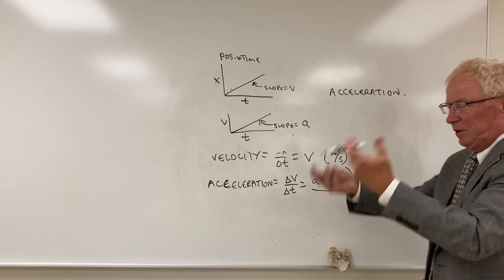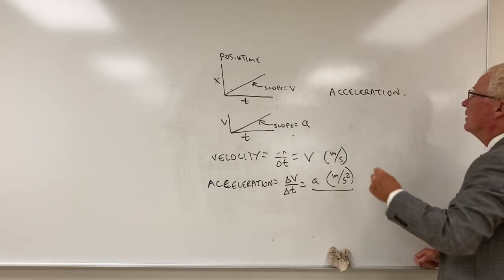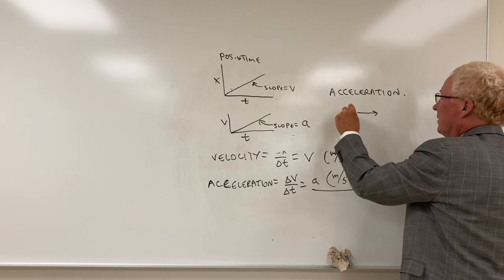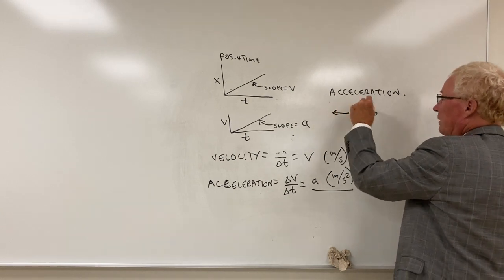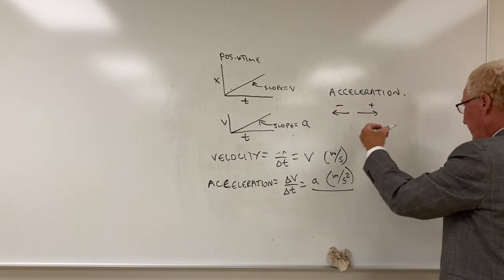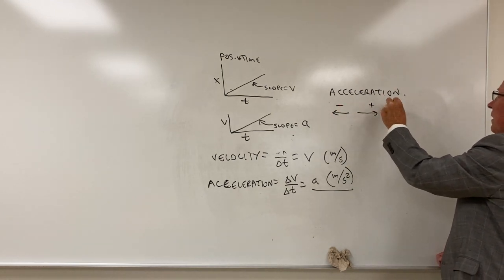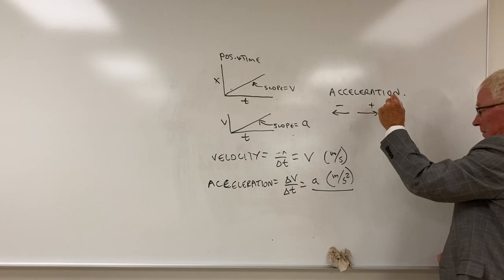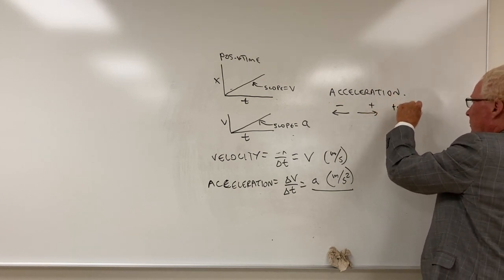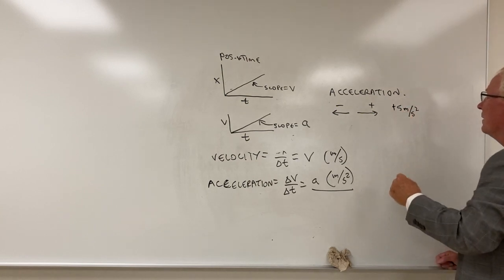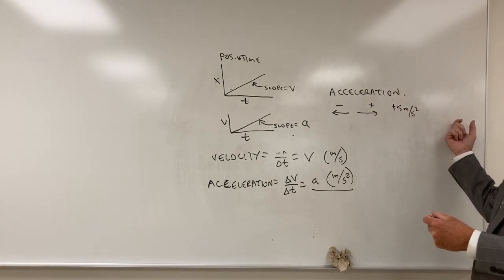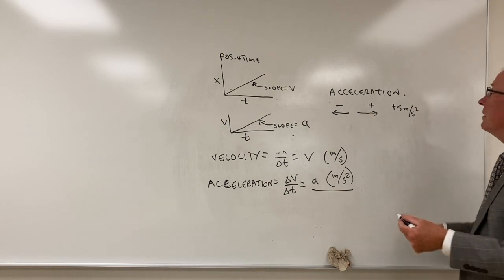It's change in velocity over change in time. Now, going into the x and y direction, if I have an acceleration, say in this direction of, say, plus 5 meters per second squared, that means I'm accelerating in the plus direction 5 meters per second every second.